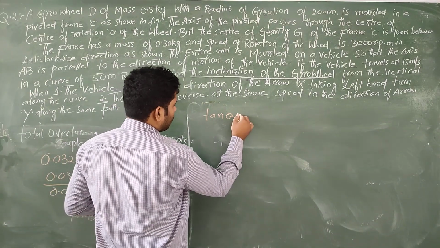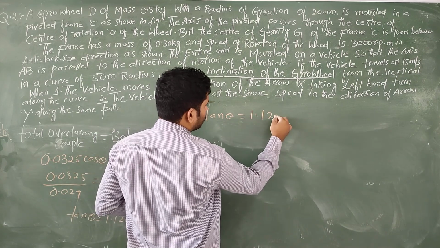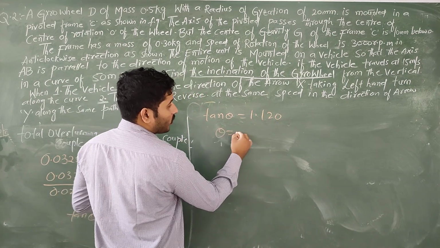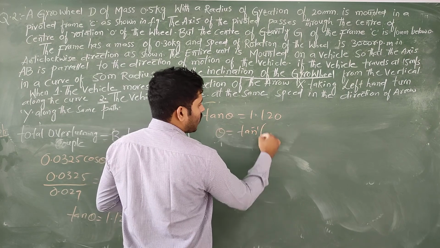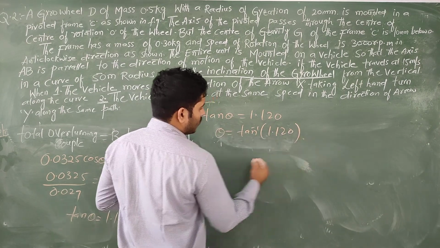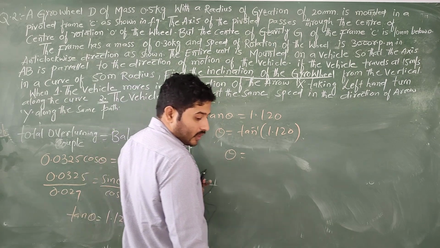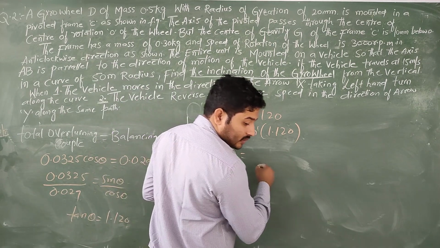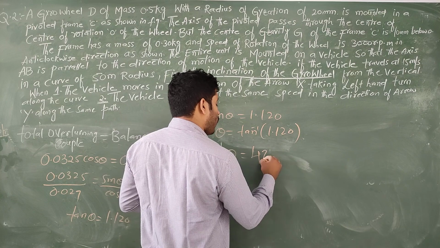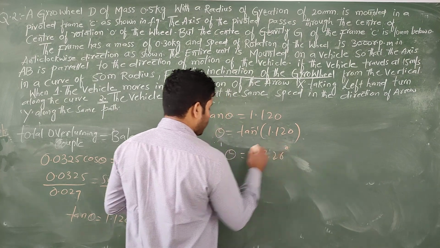Tan theta equal to 1.120, theta equal to tan inverse of 1.120. If you calculate with the help of a calculator, you will get the answer 48.26 degrees.